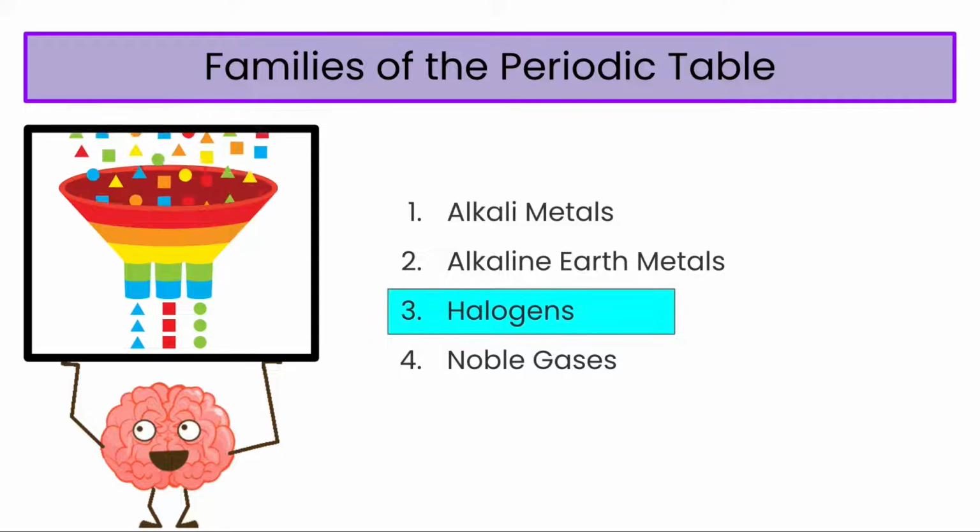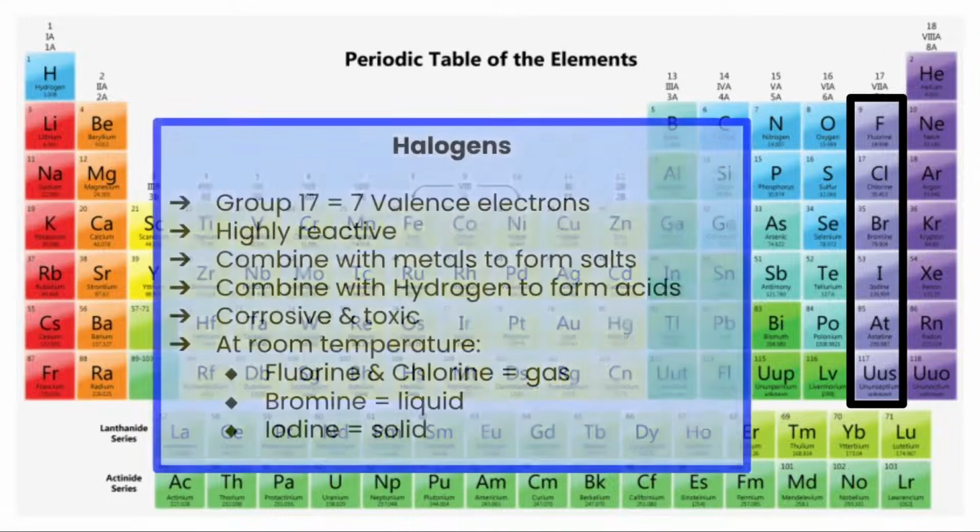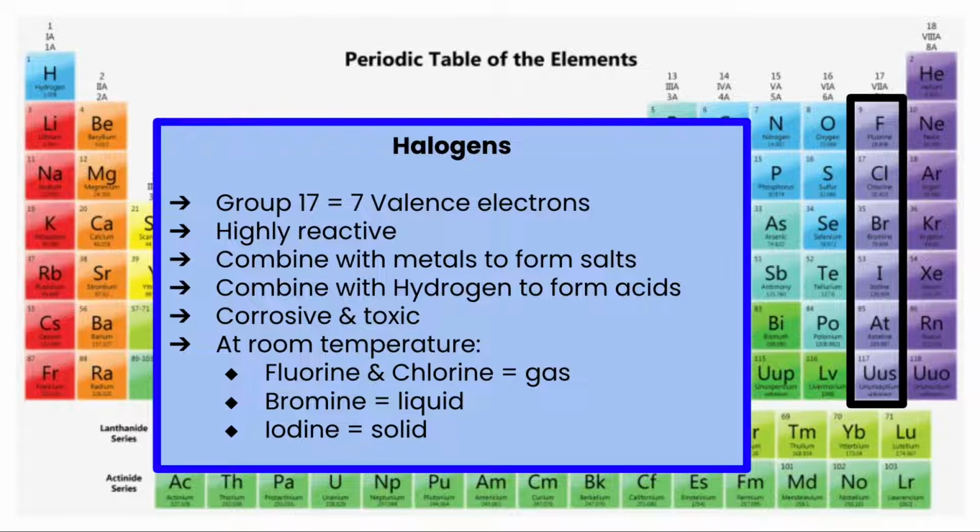Moving on to halogens. Halogens are the elements in group 7 or group 17. That's fluorine, chlorine, bromine, iodine, and so on. Halogens are nonmetals since they're found on the right hand side of our periodic table. They are pretty highly reactive, though.